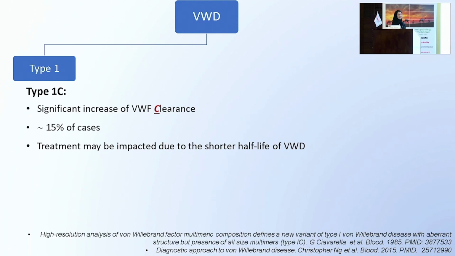And type 1C is an interesting subentity of type 1 that shows significantly increased clearance, that's why it's called C. It comprises around 15% of cases, and treatment may be impacted due to the short half-life of von Willebrand factor, as patients are not really good candidates for desmopressin therapy.